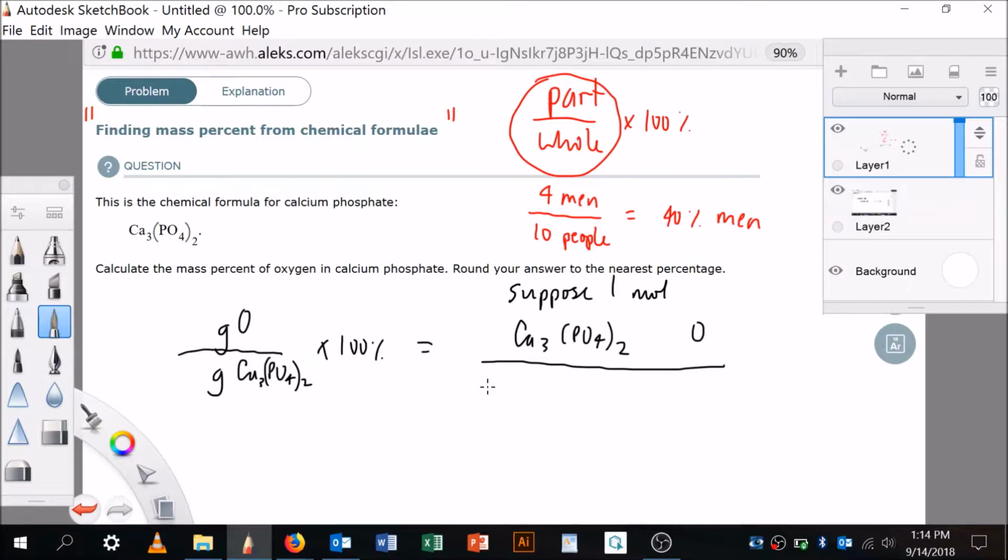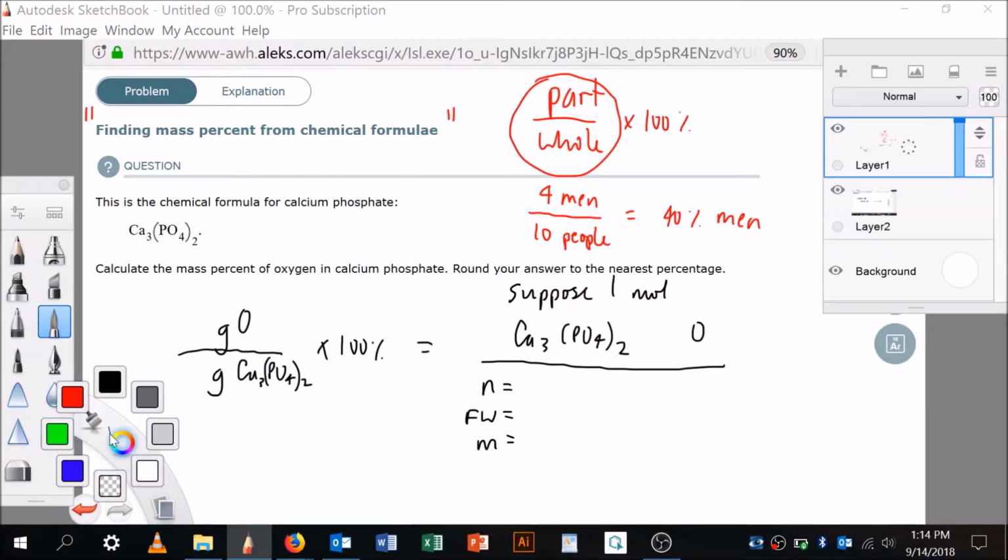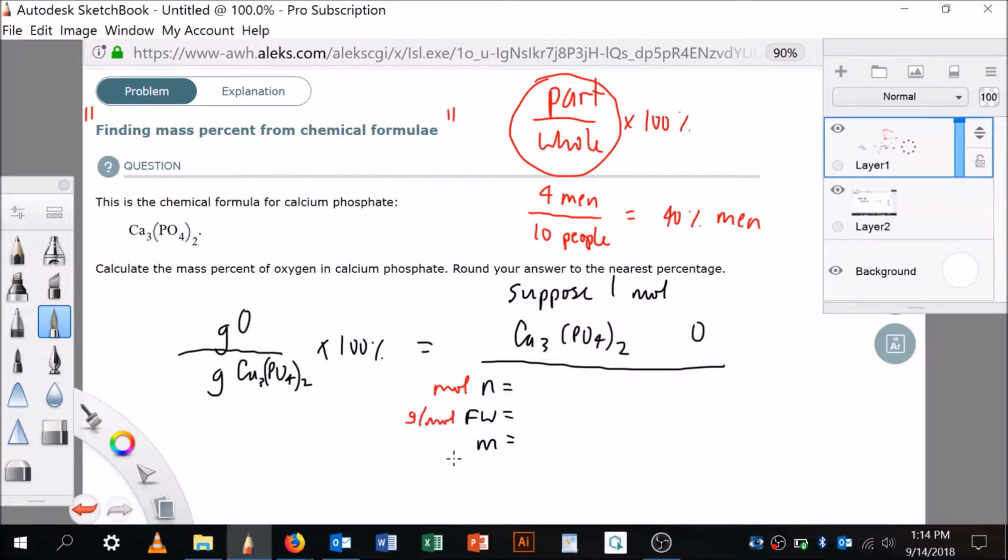I'm going to come here and say my moles, formula weight, and mass. We've done this a bunch of times. This is in moles, this is in grams per mole, and this is in grams. If I start with 1 mole of this stuff, how many moles of oxygen am I going to have?